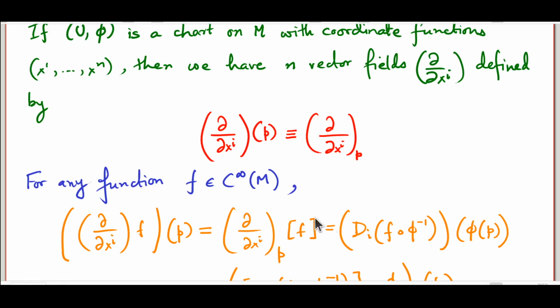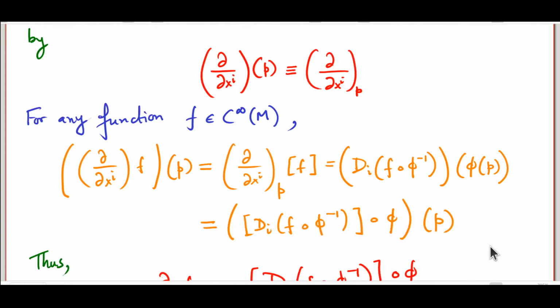Now, the left hand side here is expressed as the value of a particular function at the point p. So it would be nice if we could write this as a function on the manifold which takes p as an argument. But that's pretty easy. If you just consider the composition of the function di f composite phi inverse with the function phi and apply that to p, you're obviously going to get this.